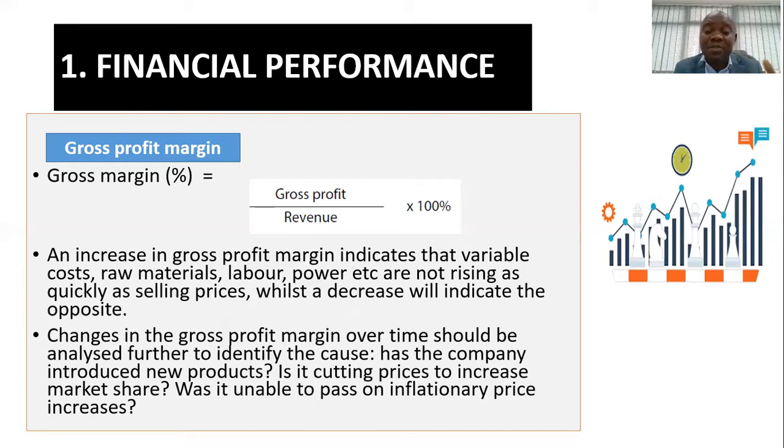You can compare with the benchmark, which could be the industry standard. We have picked 4 or 5 companies within your industry and averaged the gross profit and compare it with yours. So there are a number of these causes that are on the slide, I'm sure you've read.